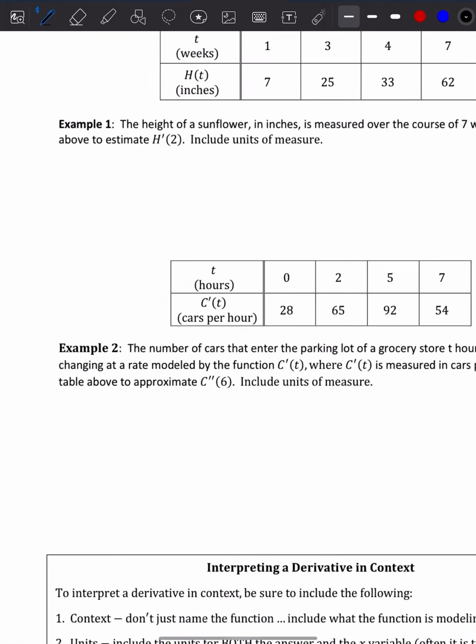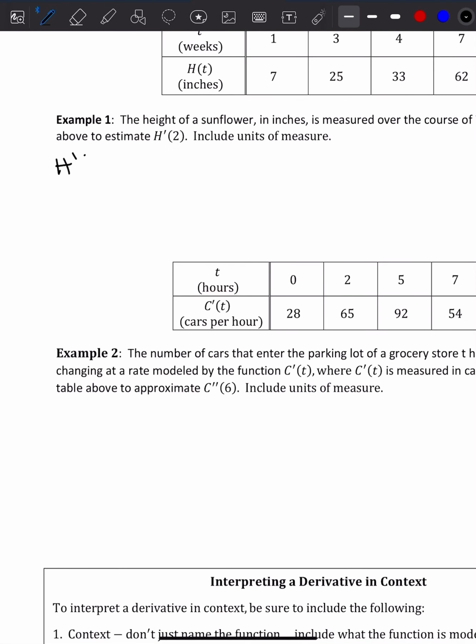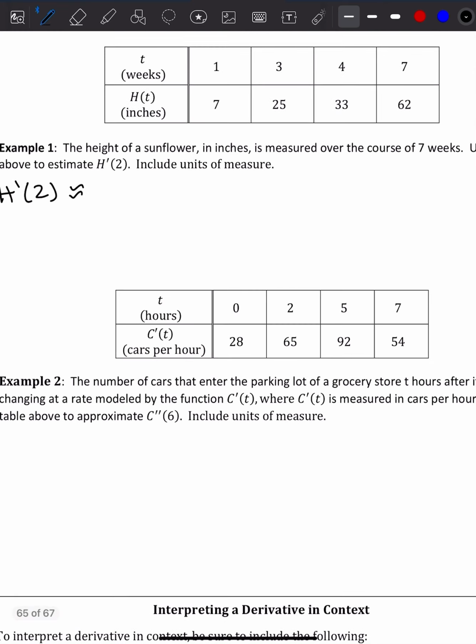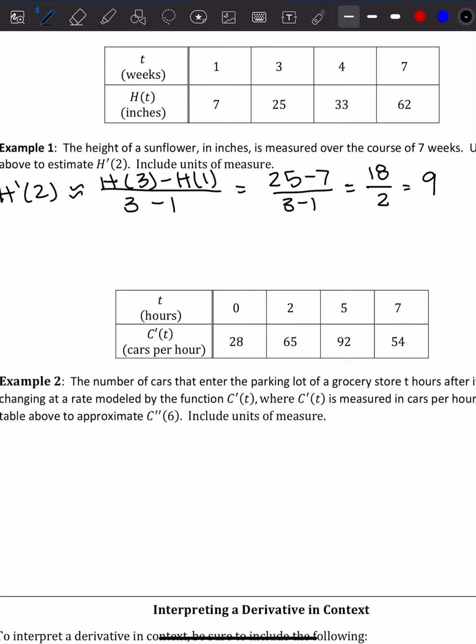So h prime of 2 is approximately h of 3 minus h of 1 over 3 minus 1. So we have 25 minus 7 over 3 minus 1. 25 minus 7 is 18. 3 minus 1 is 2. So we have 9. So the slope is about 9 at week 2.